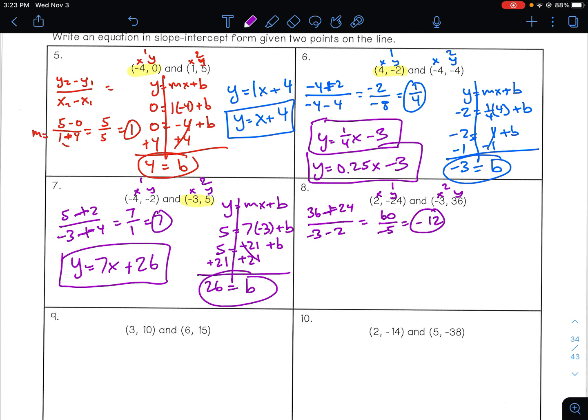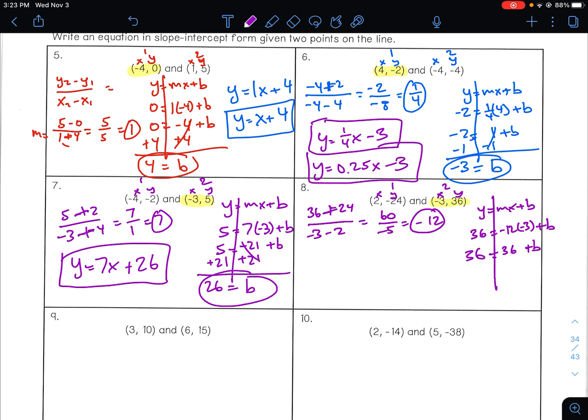All right, let's do y equals mx plus b now. Which point do I want to use? Let's go ahead and use this point, I suppose. Why not? Y is 36 equals m, which is -12, x, which is -3, plus b. -12 times -3 is positive 36.